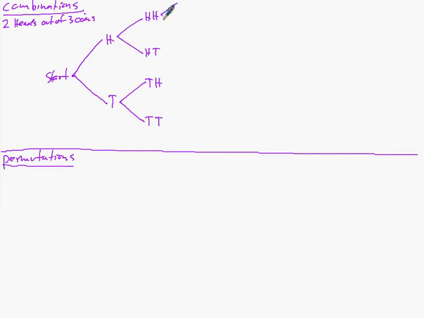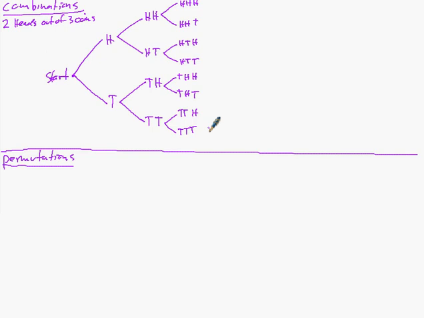And then each one of these will branch off. So the first 2 are both heads, and then the third one can either be a heads or a tails. And with this one, the first is a tails and the second a heads, and the third is a heads or a tails. We could keep doing this for any number of coins, but it would get really big really quick.